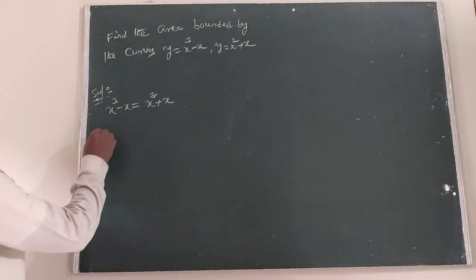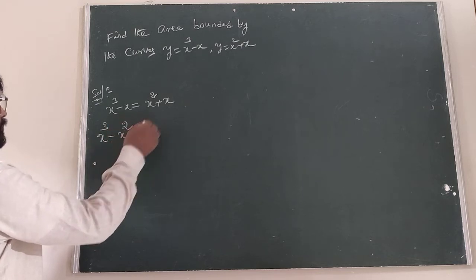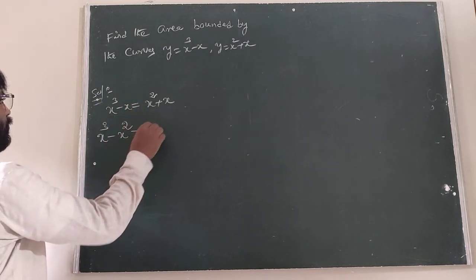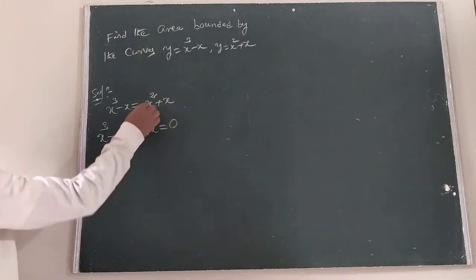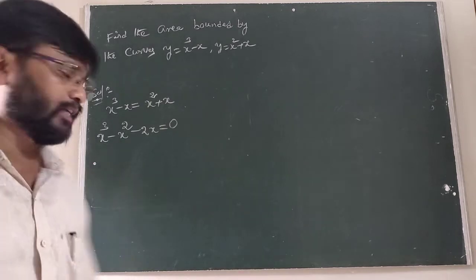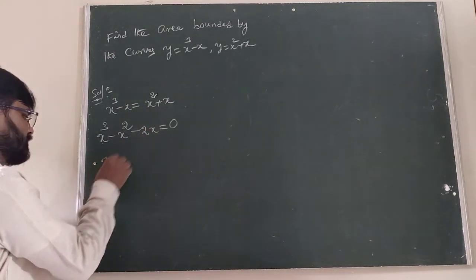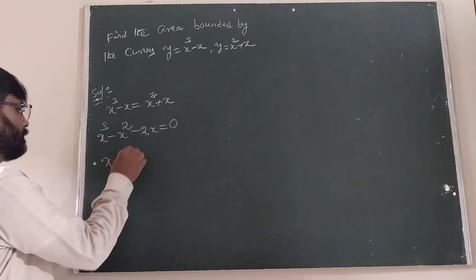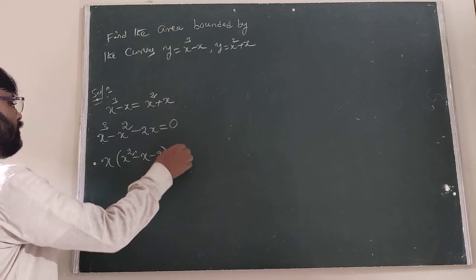Therefore x cube minus x square minus 2x equal to 0. Taking x common, x into x square minus x minus 2 equal to 0.